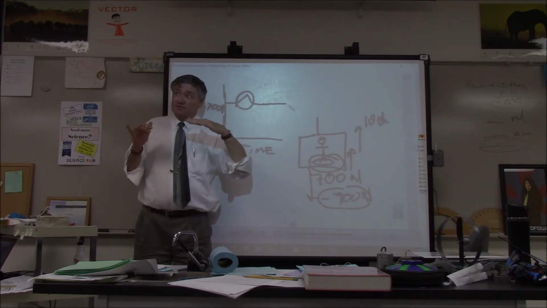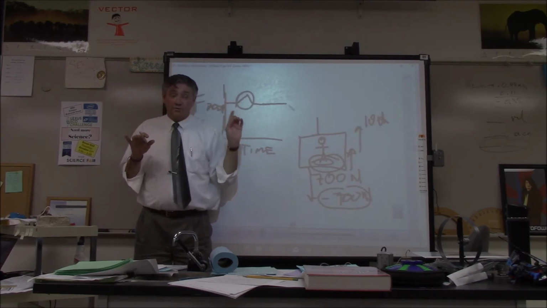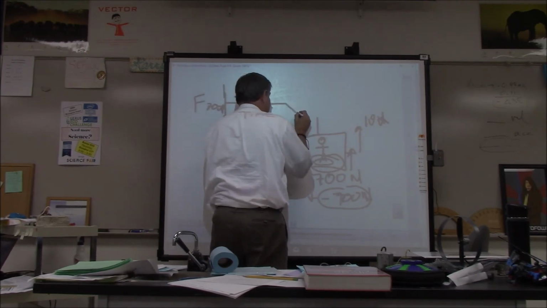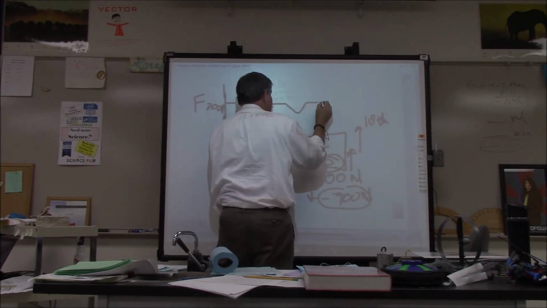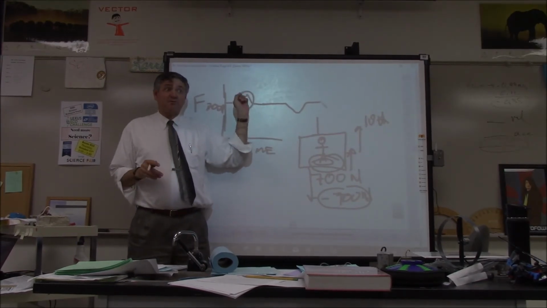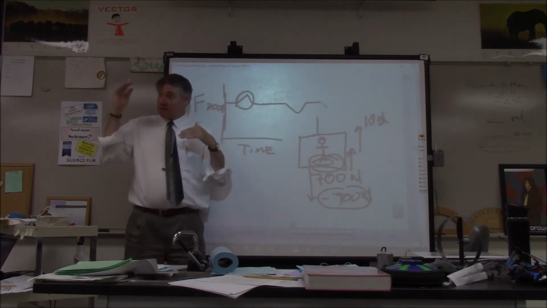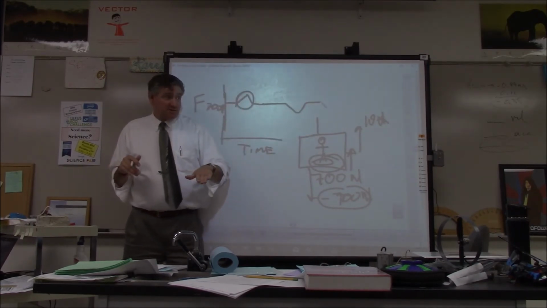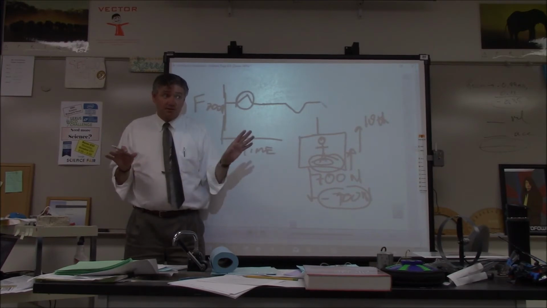So the elevator is going to slow down, and for a little while the reading on that scale is going to drop. Then once you stop, it's going to go back to 700. So if that applied force is bigger, you're accelerating upward. If that applied force is less, that means you're going to have a negative acceleration. That's all it means.